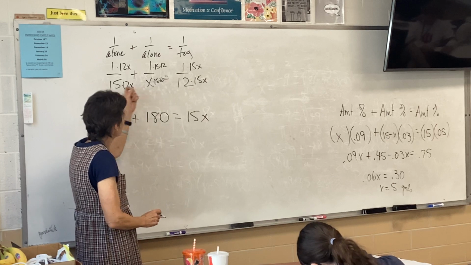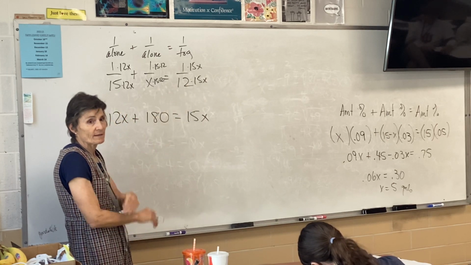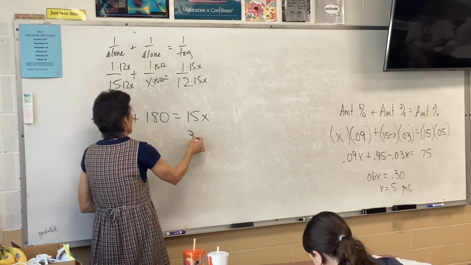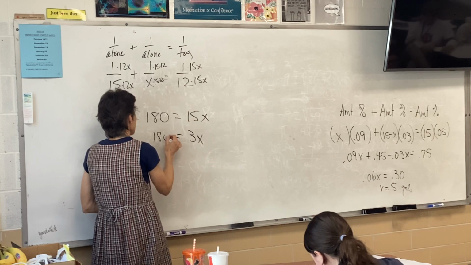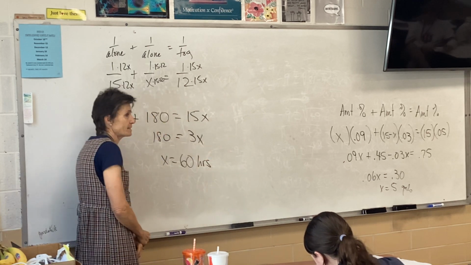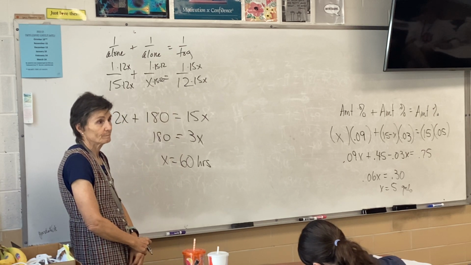I'm using 15x and 12 as my common denominator. So 3x equals 180. Oh my gosh, does it take him 60 hours? Yep. It takes him 60 hours to do the job on his own.